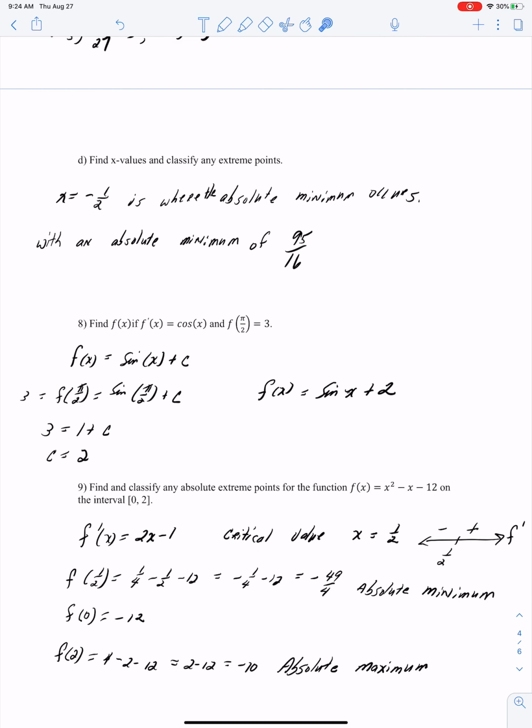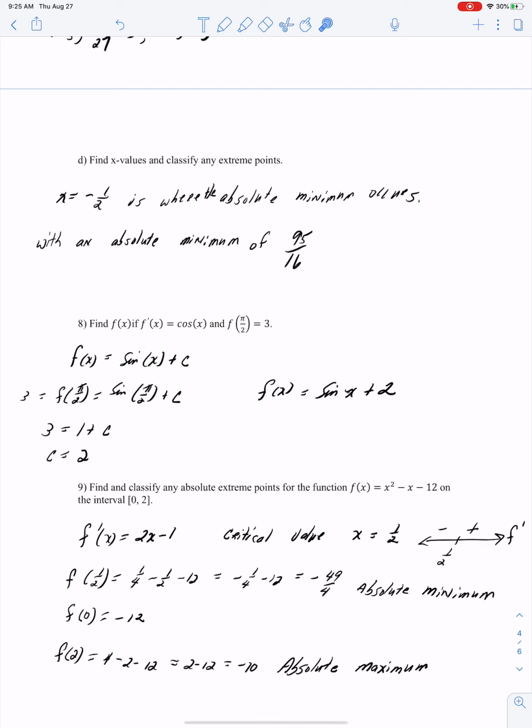Okay, 8 is a problem where I tell you what the derivative is. f prime is cosine x, and f of pi halves is 3. Find the function. All right, so first off, if the derivative is cosine, then f is sine x plus c.